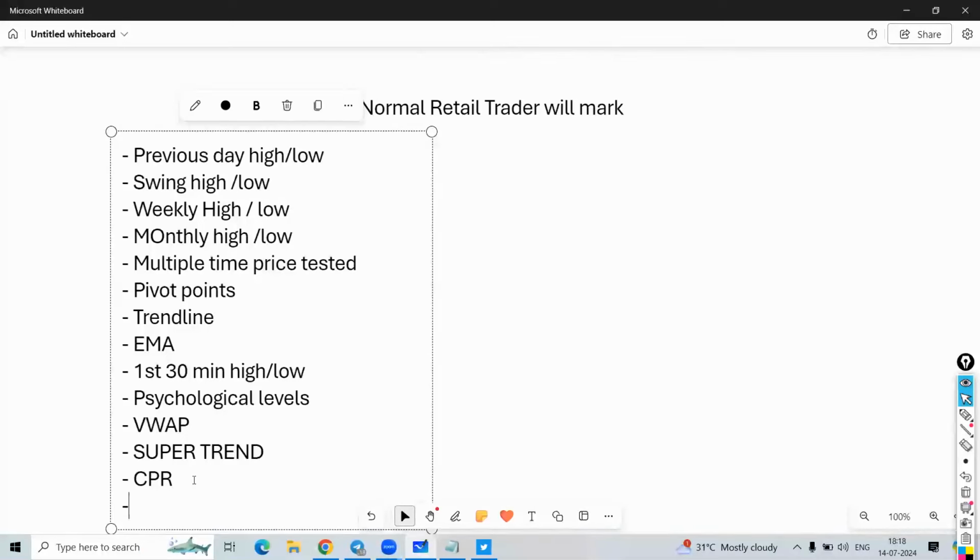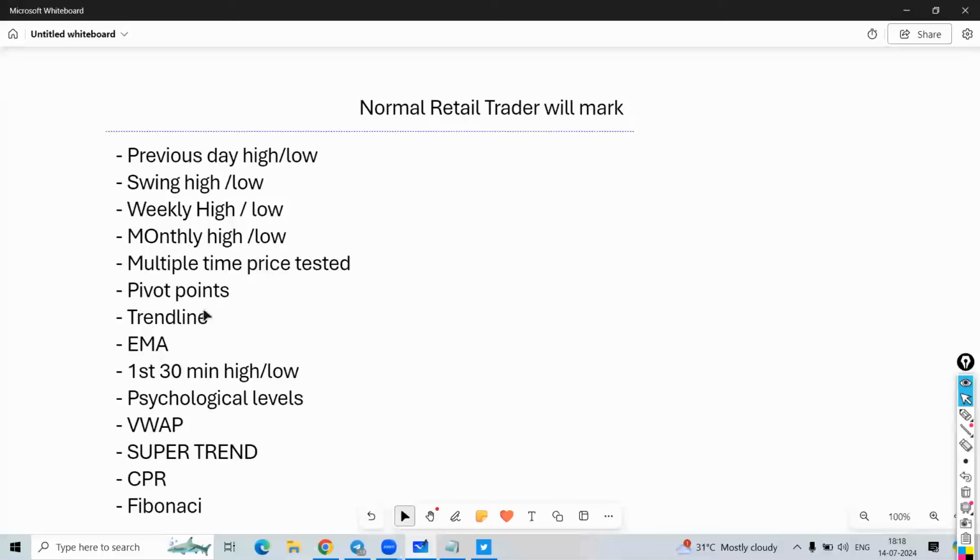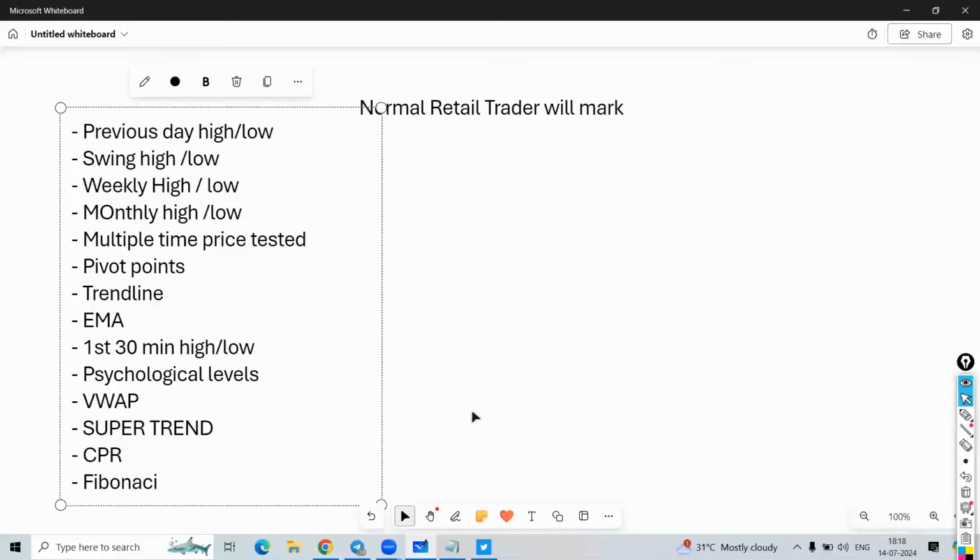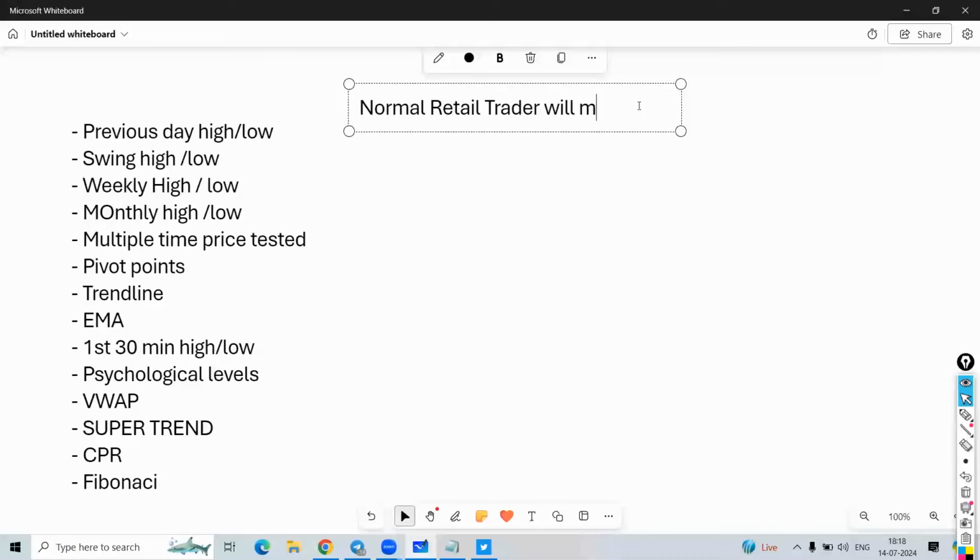I can add on Fibonacci. The list is getting bigger and bigger. Okay. ADR, etc., etc. Normal retail traders' way of marking: support and resistance.